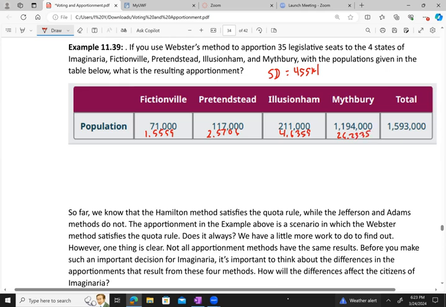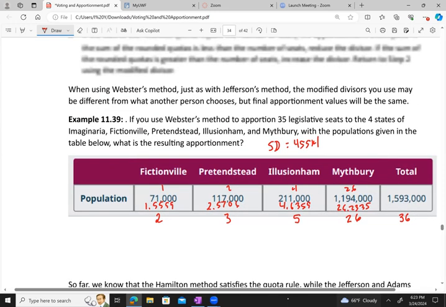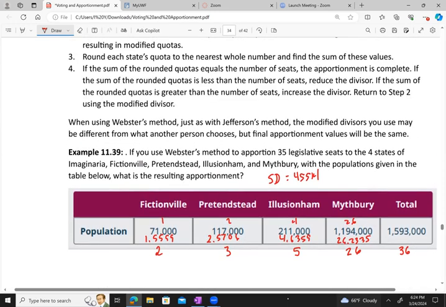Just to make a note, our lower quotas are 1, 2, 4, 26. Rounding, this becomes 2. This rounds up to 3. This rounds up to 5, and this rounds down to 26, which gives me 36. So I have one too many. Let's double check this. If the sum of rounded quotas is greater than the number of seats, increase the divisor.